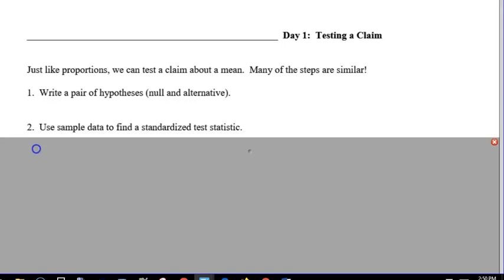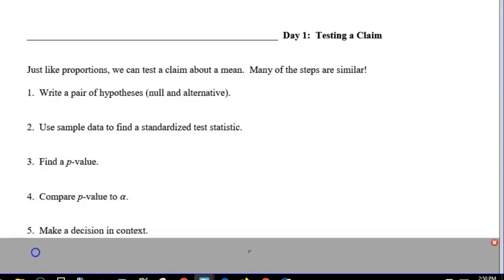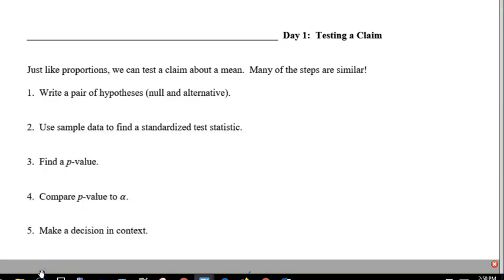All right. Now to the actual notes. For day one, testing a claim. Just like proportions, we test a claim about a mean. The steps are similar. We're still going to write the Ho and the Ha. We're going to use t instead of z.